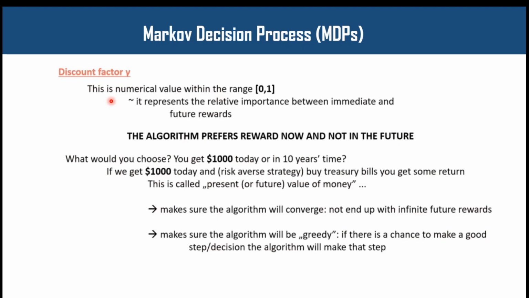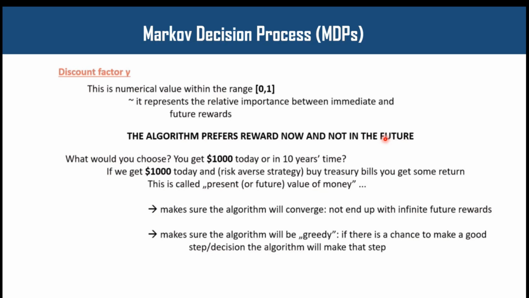And the discount factor. What does the discount factor mean? Gamma. I already explained that while discussing the Markov decision process. The gamma factor prefers the reward now and not in the future. So when the agent moves from one state to another state, it will get the reward there itself.